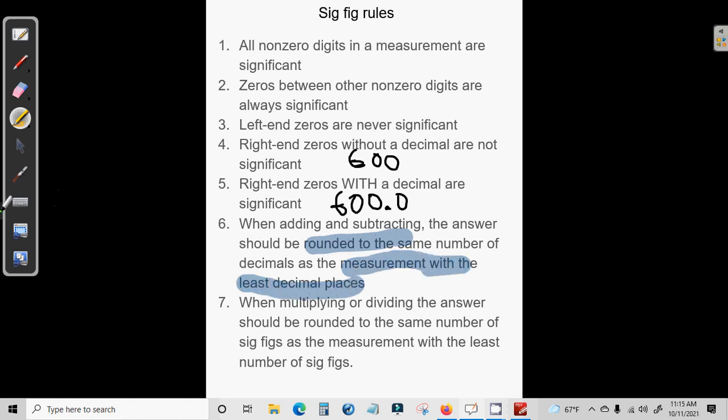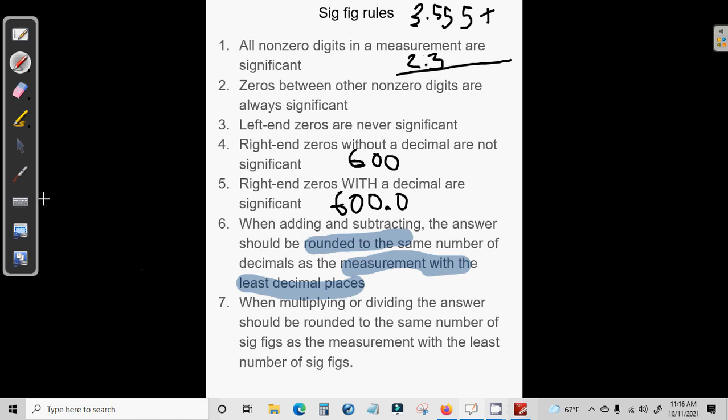So if you're going to add and subtract, for example, 3.555 plus 2.3, your answer is only going to round to one decimal place because that's the least number of decimal places.